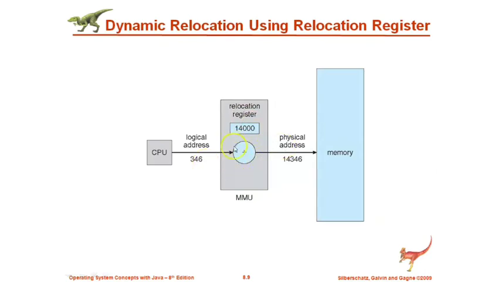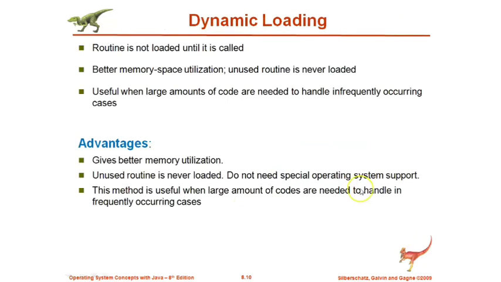In our example, the value to be added is 14,000. When 14,000 is added to 346, the result is 14,346. So this becomes the physical address. In this way, a mapping is carried out from logical address to physical address by the MMU, that is the memory management unit.